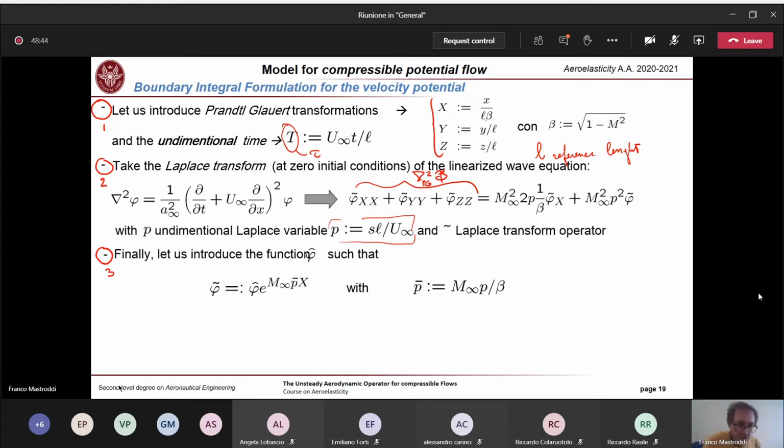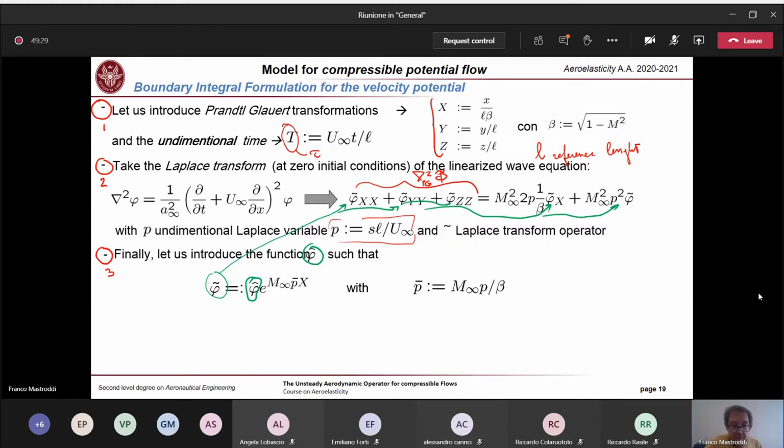As a further step, introduce this new quantity, phi hat. We introduce this phi hat from phi tilde, such that phi tilde is equal to phi hat times this factor. You just have to substitute this inside here, here, here, and here, obtaining a new equation in phi hat.